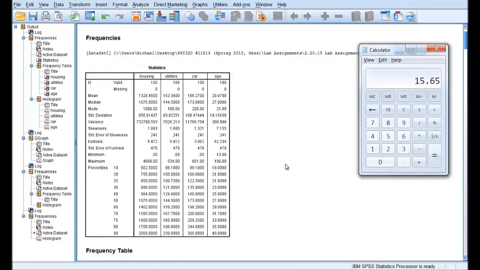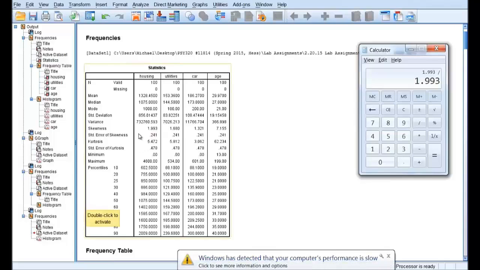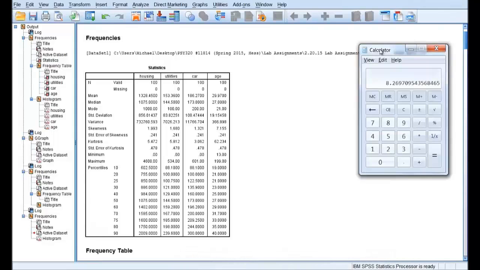If you have a calculator handy, you can plug that in, 1.993, and divide it by the standard error, 0.241. So what you want to do is, once you have that information plugged into your calculator, see what it is. Usually a normal skewness value will be no more than 3.3.